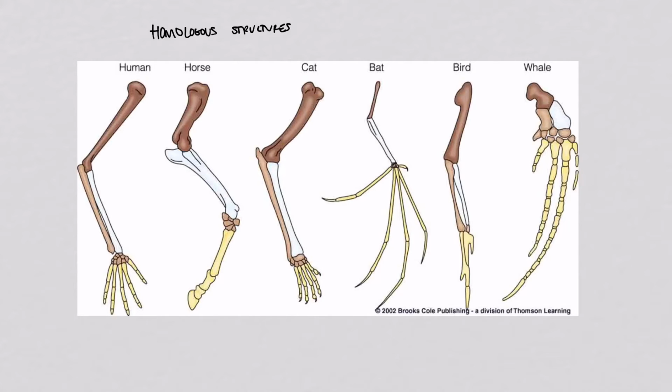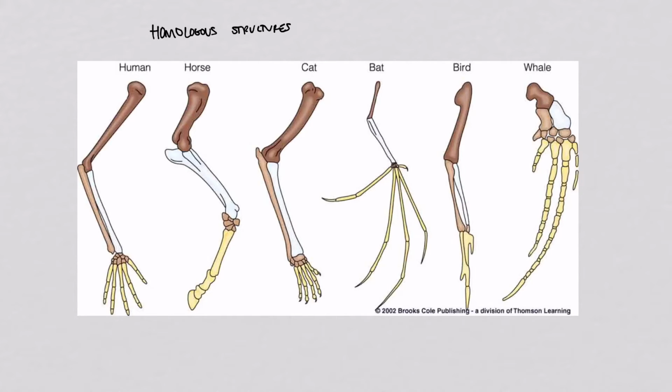So, for example, whales have much longer phalanges than we do, or horses do, and this is because those have expanded obviously into their flippers, but they still carry the same structure. Basically, you squished the radius and ulna and the humerus, but you can still see we share the same basic bone structure as a whale.